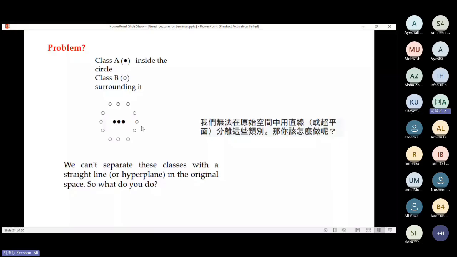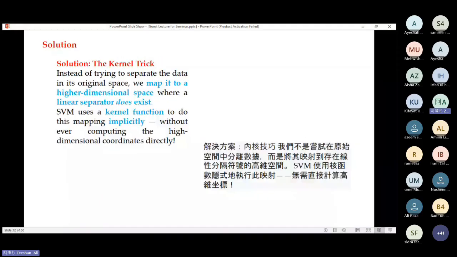So what is the solution? The kernel trick. Instead of trying to separate the data in its original space, we map it to a higher dimensional space where a linear separator does exist. The support vector machine uses a kernel function to do this mapping implicitly, without ever computing the high dimensional coordinates directly. In linear algebra, sometimes we have data in 3 dimensions.